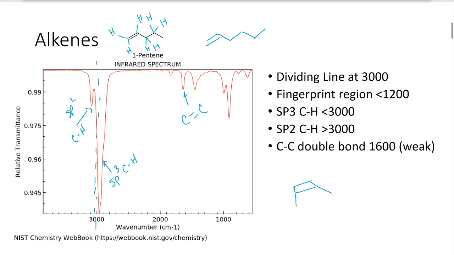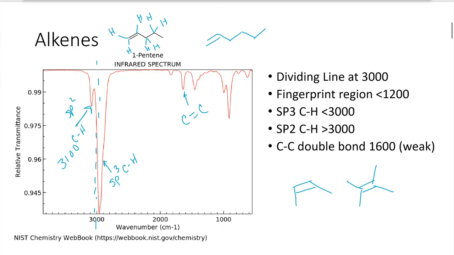If you have a symmetrically substituted carbon-carbon bond, you lose this peak at 1600. And if you have a compound, of course, that doesn't have any sp2 hybridized CHs, for example, if you had a tetrasubstituted carbon-carbon double bond, then you would not see this peak just above 3000, which occurs at around 3100.